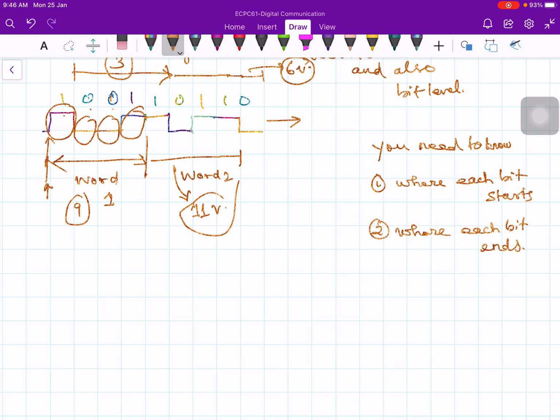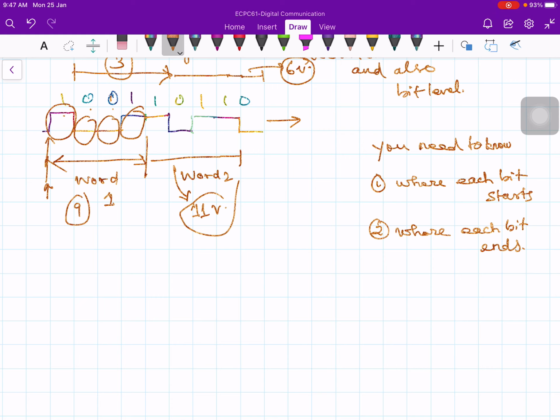Synchronization is not only needed to make the correct decision for every word, it is also needed to identify the starting point and ending point of each bit, and this information is very important for the matched filter.